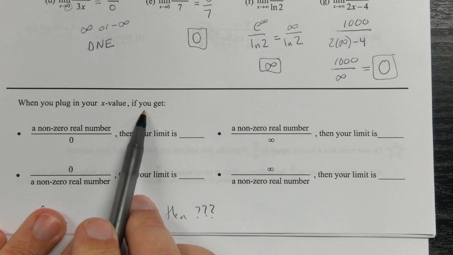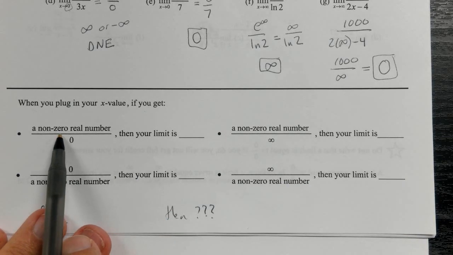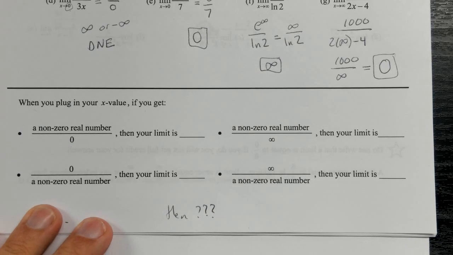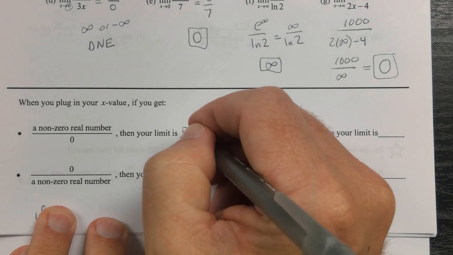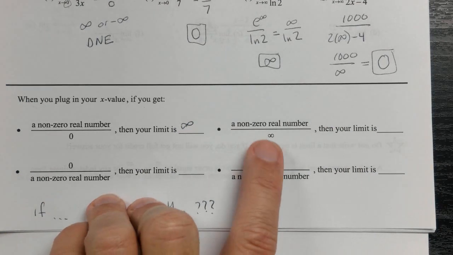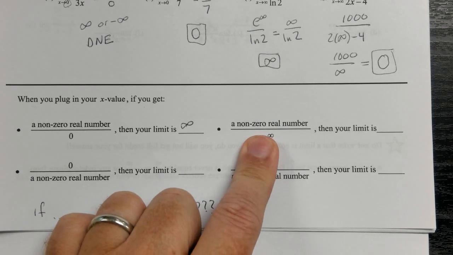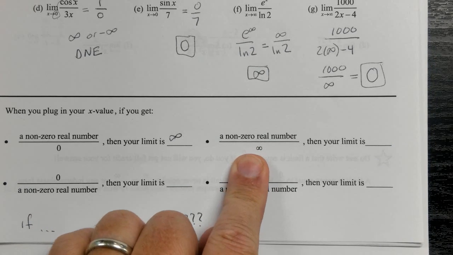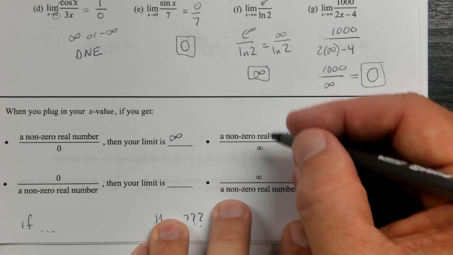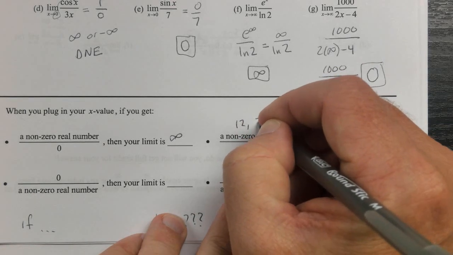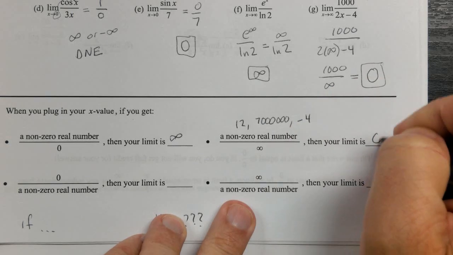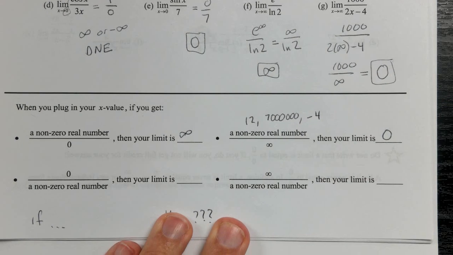When you plug in your x value, if you get a non-zero real number divided by 0, so if you're dividing by 0, that gives you a big number. Take a non-zero real number, so some regular number, divided by infinity, what's that going to be? That's going to be 0, right? Whether it's 12 or 7 million or -4, if you're dividing by infinity, you're headed to 0.